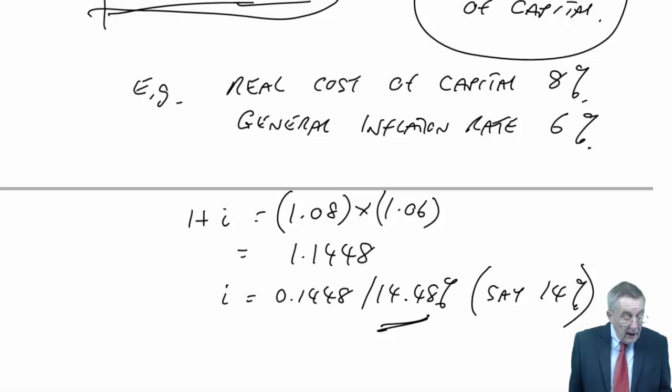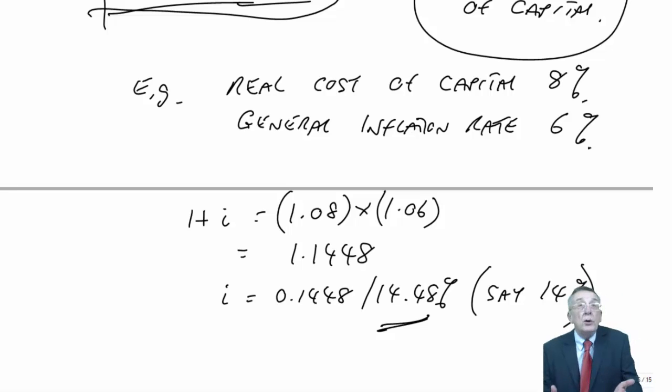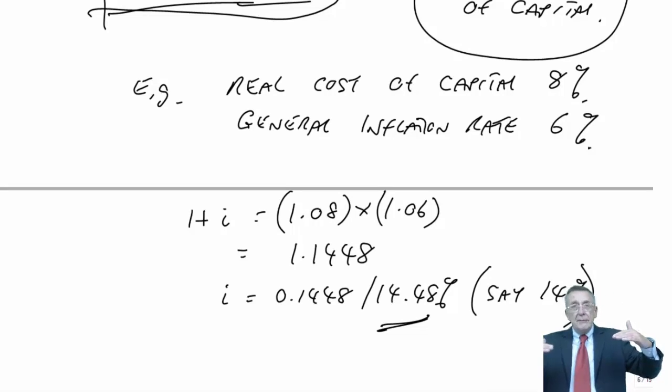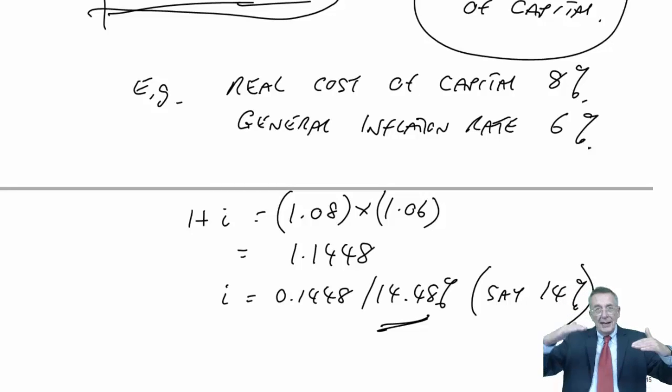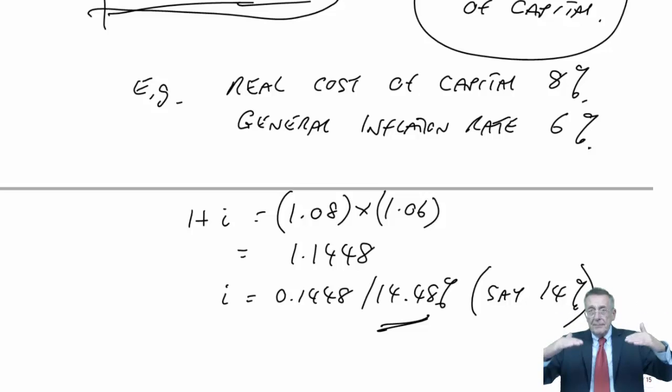Last of all, part C. Why, in theory, will the decision remain the same whatever the actual rate of inflation turns out to be? Or why do we call it the real cost of capital? Well, the reason is this. We assume, and it does tend to be the case in real life, that as inflation goes up and down, so too do interest rates.